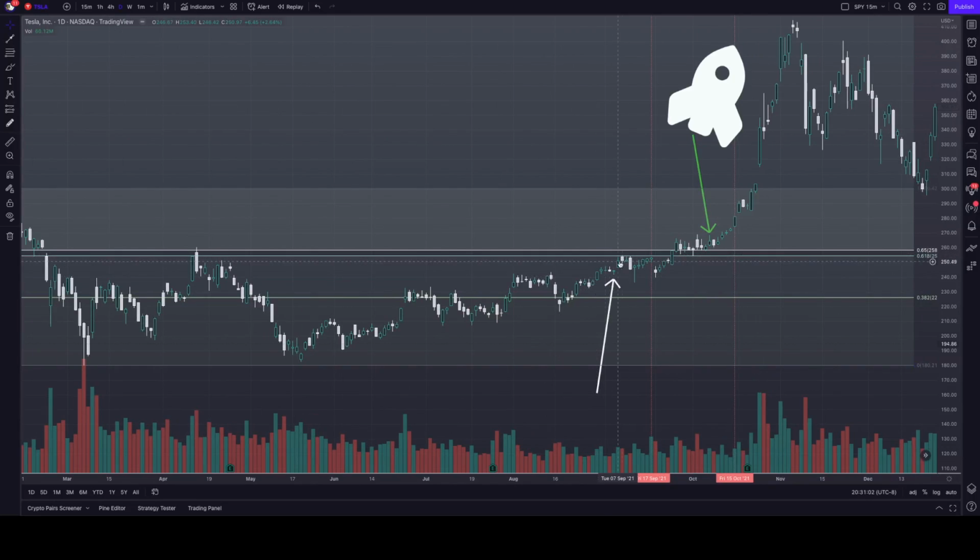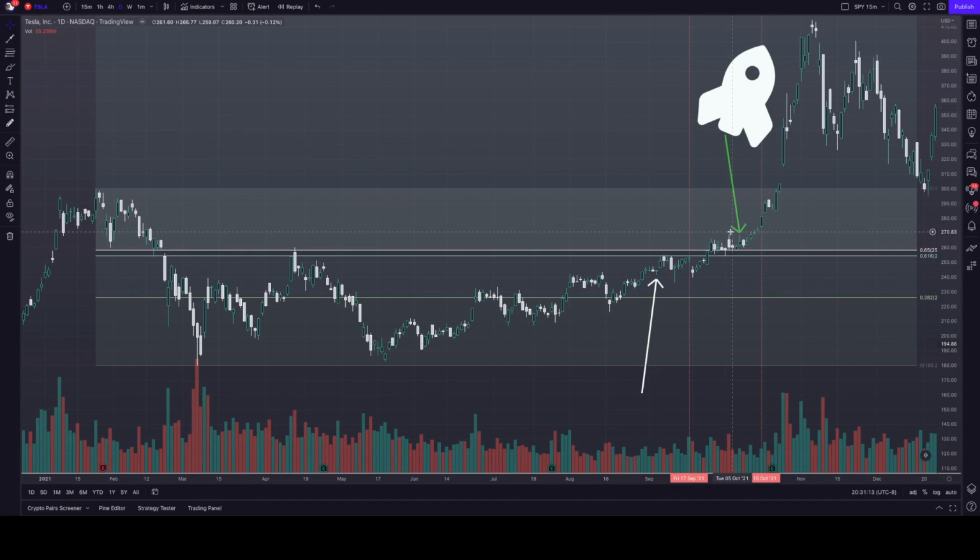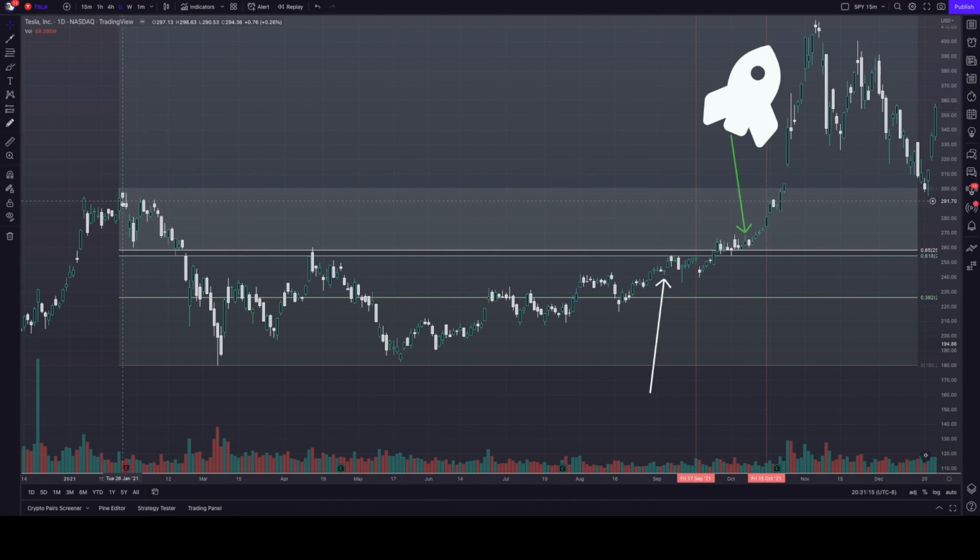Then we got another rejection right here in the entry of the golden pocket, around the beginning of September 2021. And then the third time broke the downtrend, which is almost a year of a downtrend, at least in the Fib cycle. And that's where I could actually start a new cycle.